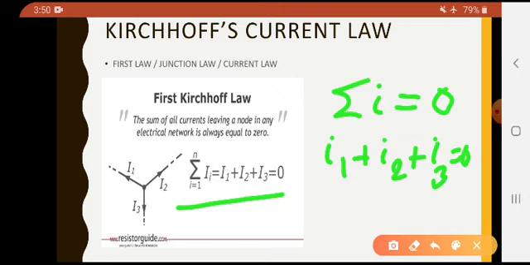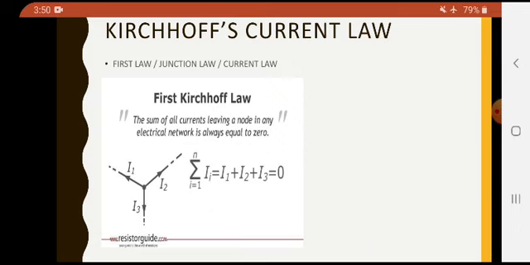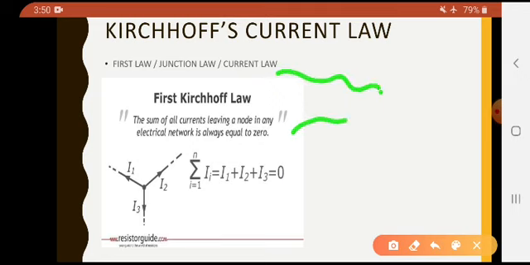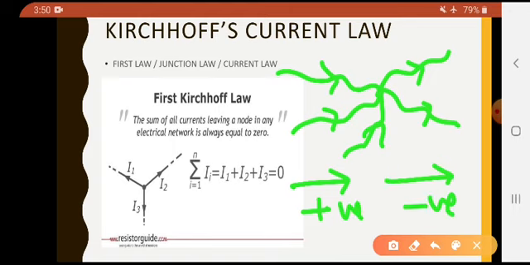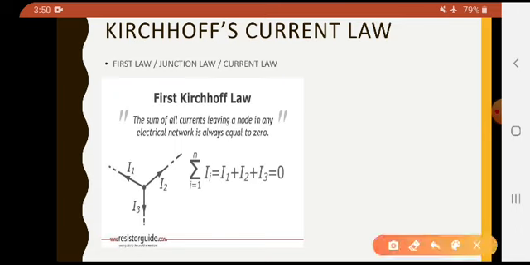See the picture: the currents coming toward the junction are taken as positive, and the currents going away from the junction are taken as negative, right? So the currents coming toward the junction are equal to those going away from the junction.